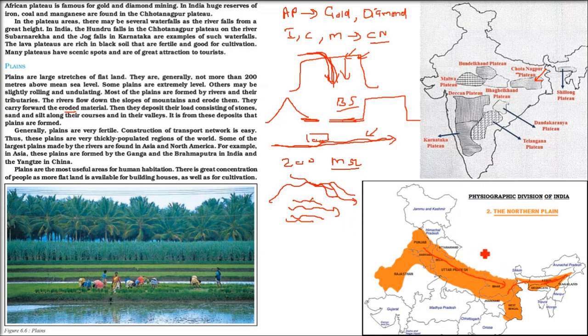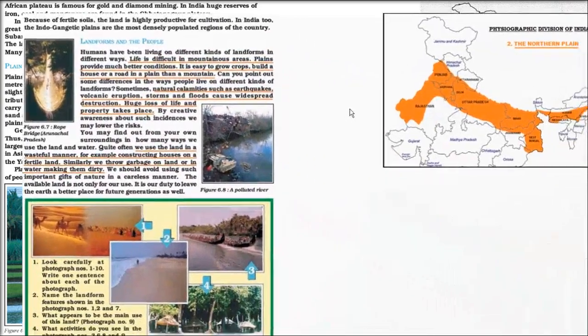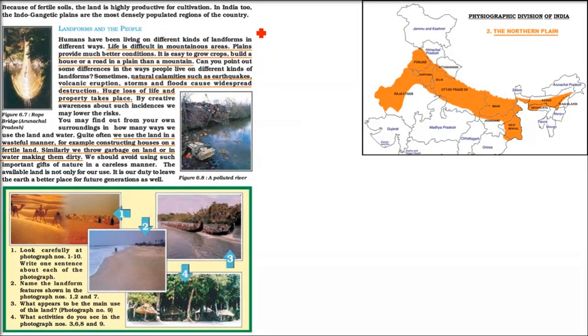Because this is fertile, plain land. People can live here easily without any hardships. They can live, study, and get health services easily. Industries give them livelihood. And because we have fertile soil, cultivation is possible.